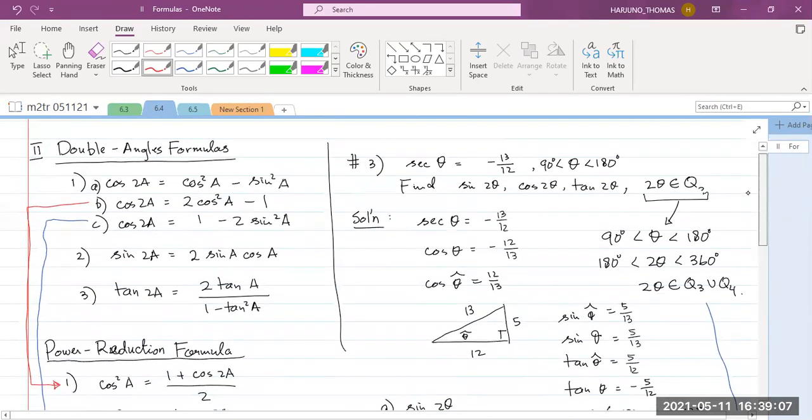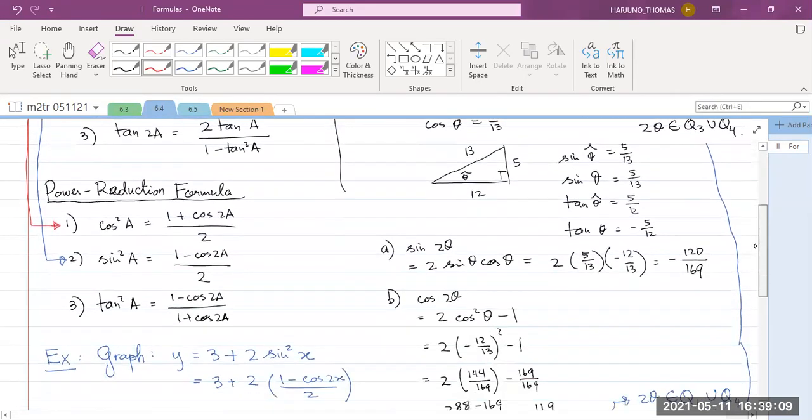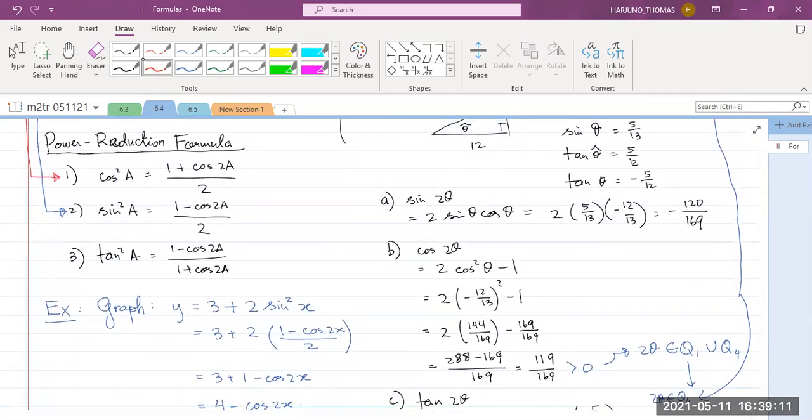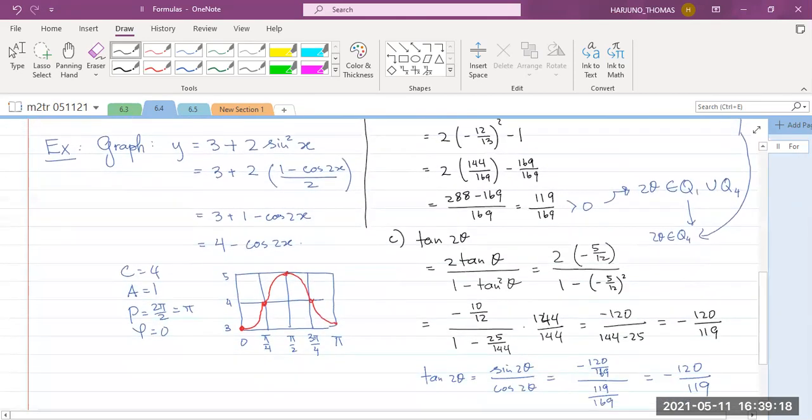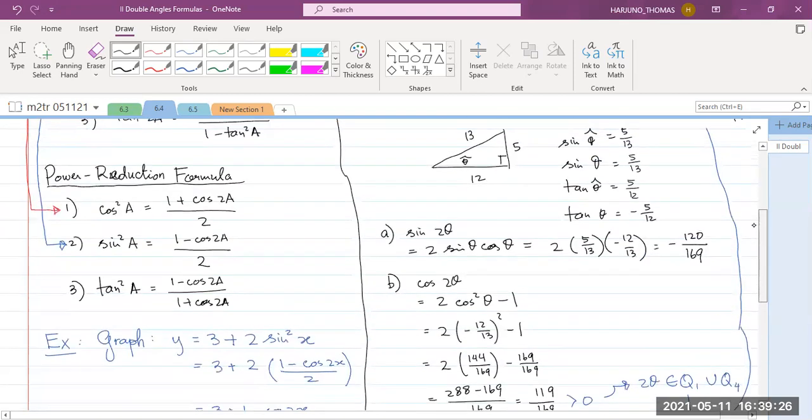Even though that's not one of the groups, I need you to memorize that. Let me box it. So this is something we learned from group 2, or something from group 2.5, if you want to call the power reduction formula group 2.5.